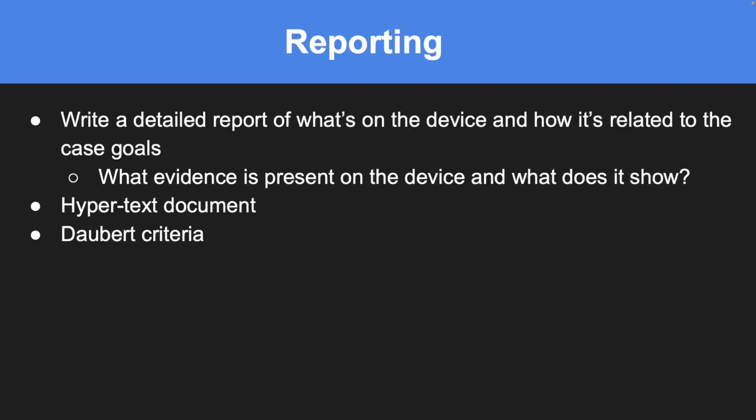And if all of these criteria are present in the method that you're using, it is very much admissible in court, and it very much stands the test of the forensic scientific process.